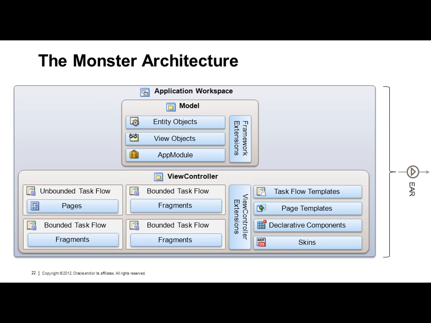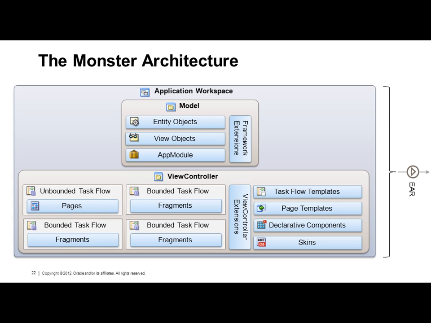But if you ever wanted that bounded task flow fragment to be page-based, then all you need to do is wrap a page around it, and then you put the bounded task flow fragment as a region in that page. So generally, we use fragments for bounded task flows because it gives us flexibility down the line to either embed them as regions or embed them in regions in a page that we've just created for that purpose. Okay, so a general recommendation there.